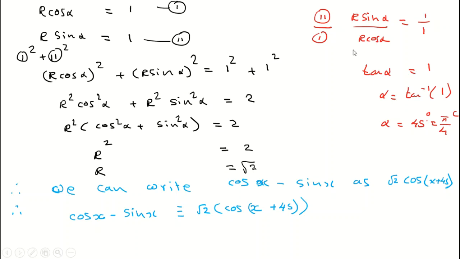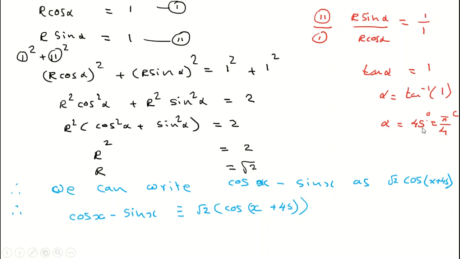I didn't explain how to find alpha. We have r cos alpha here, r sin alpha here. So if you divide the second equation by the first equation, r sin alpha over r cos alpha is equal to 1 over 1. Then r goes off, sin alpha over cos alpha is tan alpha, which is equal to 1, so alpha is equal to tan inverse 1.